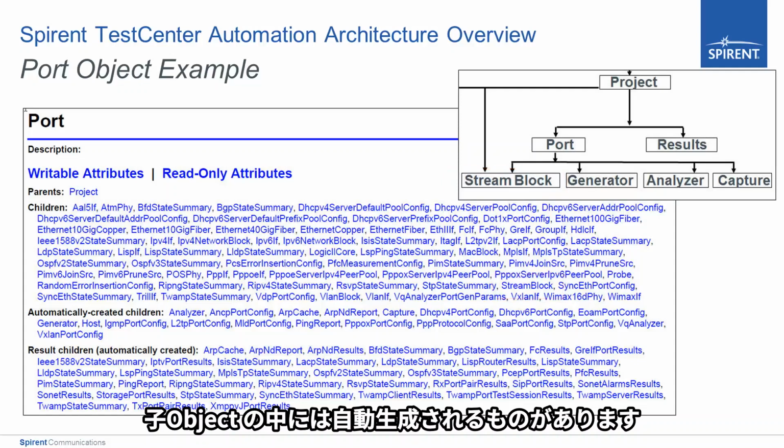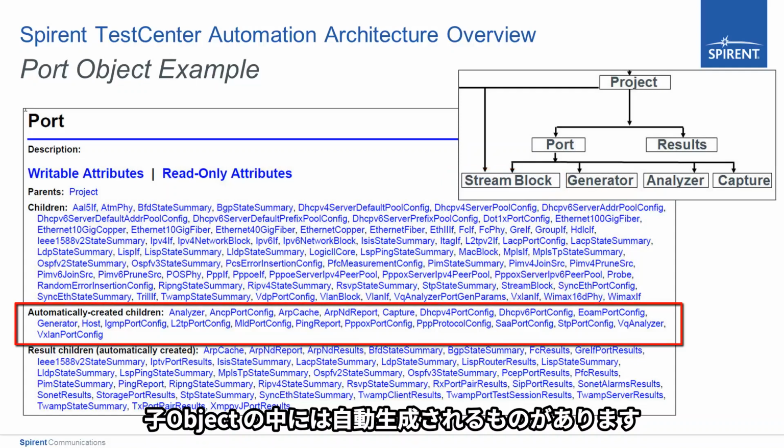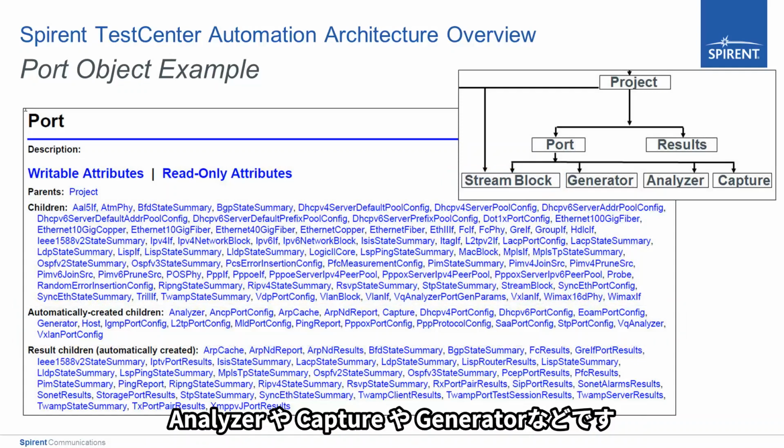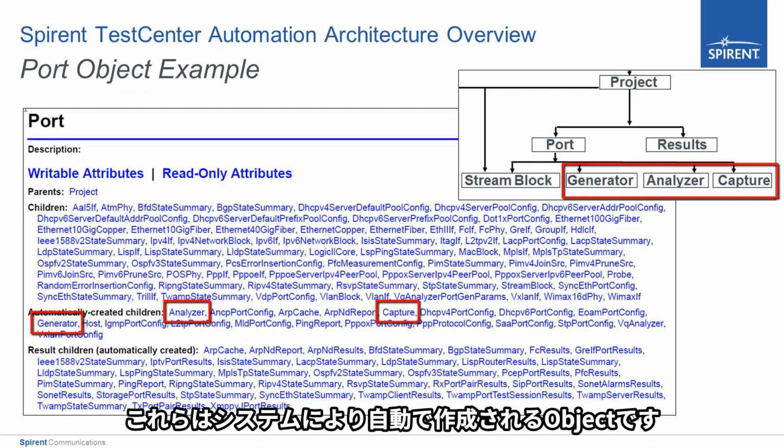But then you'll notice that there are automatically created children, and we've highlighted three of them for you: the analyzer, the capture, and the generator. That means that when you create a port object, the system will automatically create related children off of that port, three of them being the analyzer, the capture, and the generator.